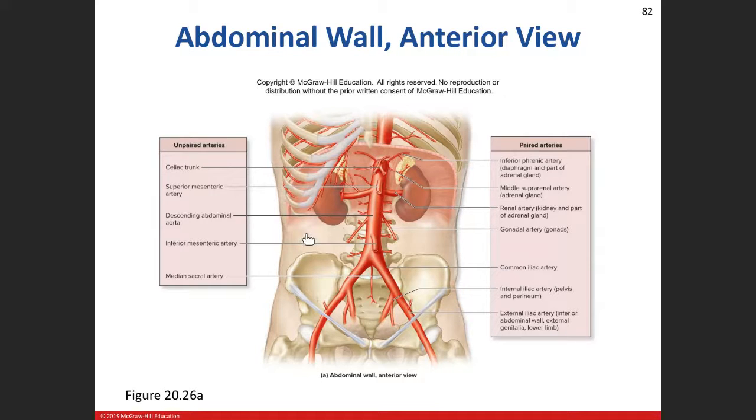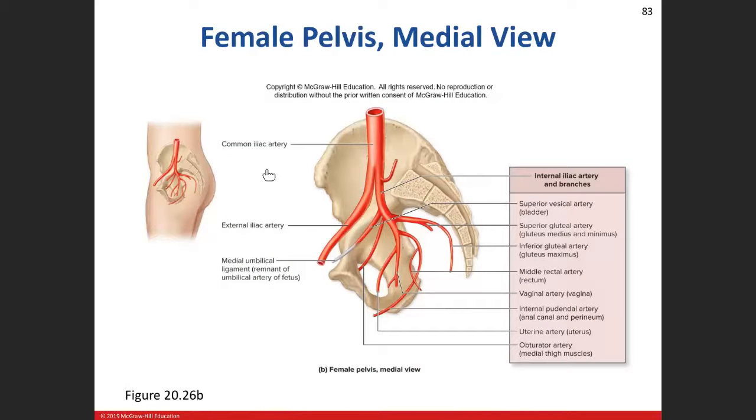There's no more art. Oh, we've already seen this. Sorry, guys. Okay, this is what I wanted to show you. You can see here the common iliac artery as it bifurcates into the external iliac artery and the internal iliac artery. All these arteries are going to supply all the organs in the pelvis and also the floor of the pelvis.